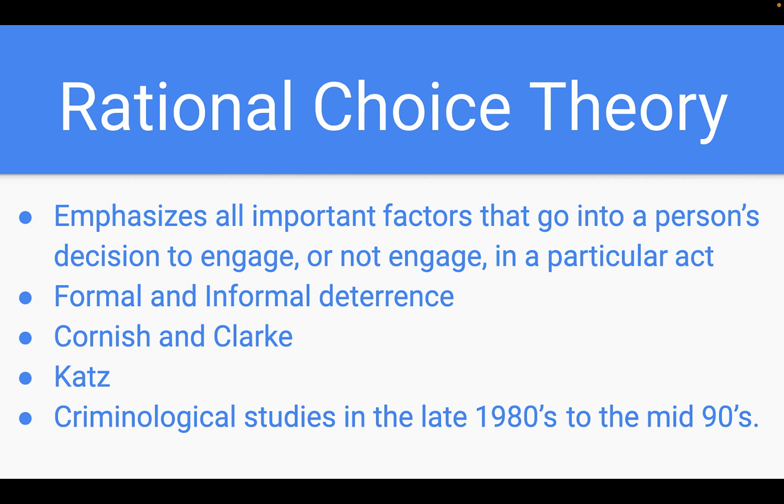The informal deterrence would be any factors that are beyond the court itself, things like your family, your friends, your boss, your community, right? So again, drunk driving. How does your mom respond when you call her from prison and say, hey, someone's got to pick me up, I just got arrested for drunk driving?